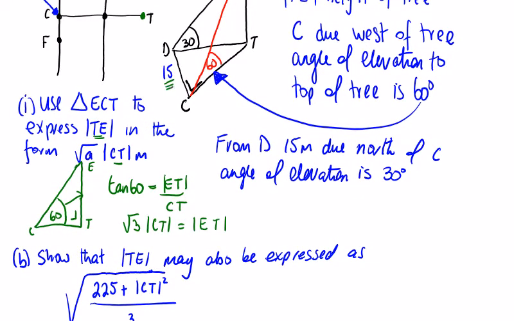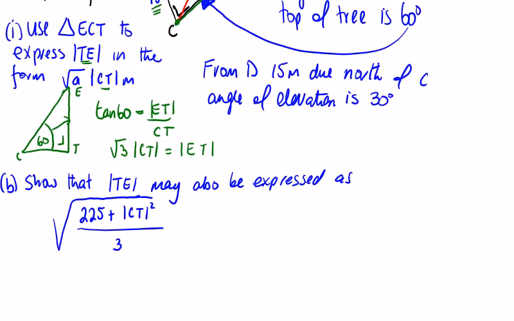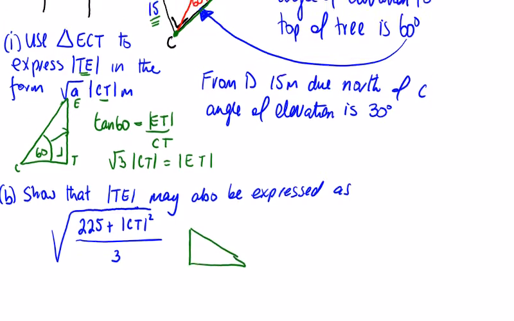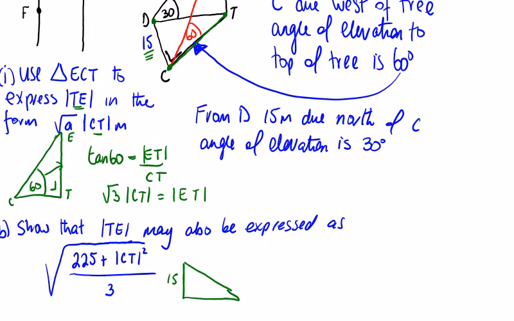We have a 15 here. We have DT here. And we have CT along the bottom. So if we use that right angle triangle, 15 is here. This is D. DT is opposite the right angle, and we have CT down the bottom.